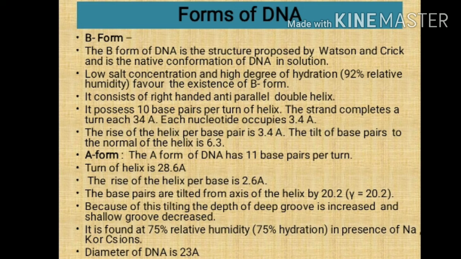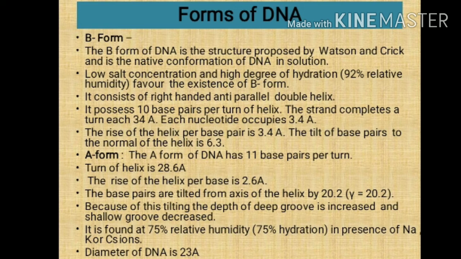A form of DNA has 11 base pairs per turn. One turn is 28.6 angstroms and the rise of helix per nitrogen base is 2.6 angstroms. The base pairs are more tilted from axis of the helix by 20.2 degrees.